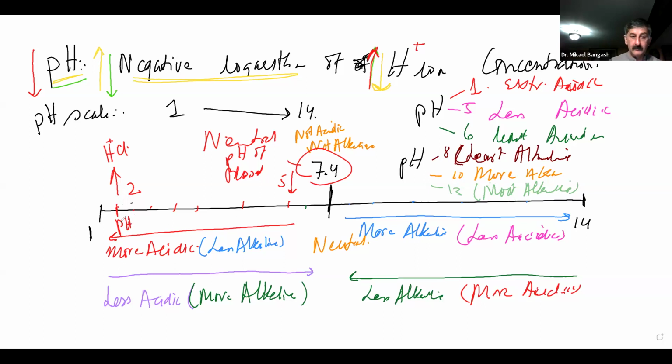Whereas if you have a high pH value, that is mainly because we have a low hydrogen ion concentration.